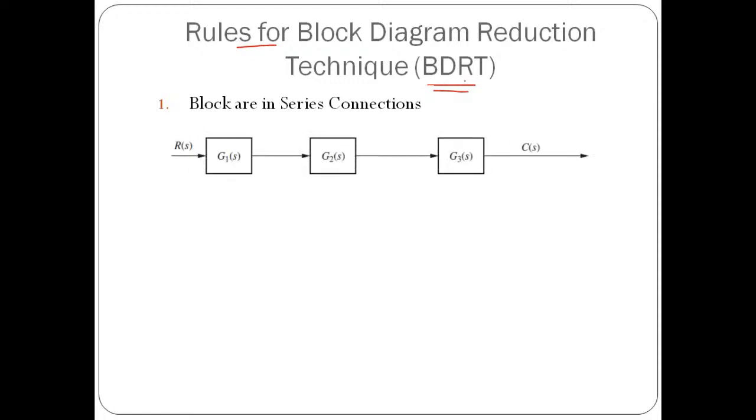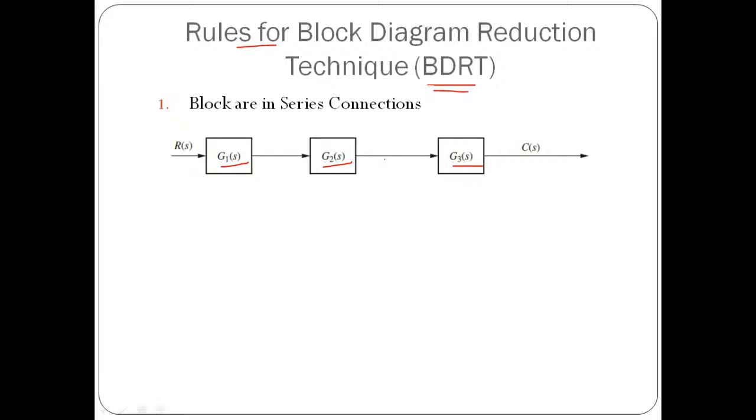This is the figure, where we have three blocks, G1(s), G2(s), and G3(s). Here G1(s) indicates the first block, G2(s) the second block, and G3(s) the third block.